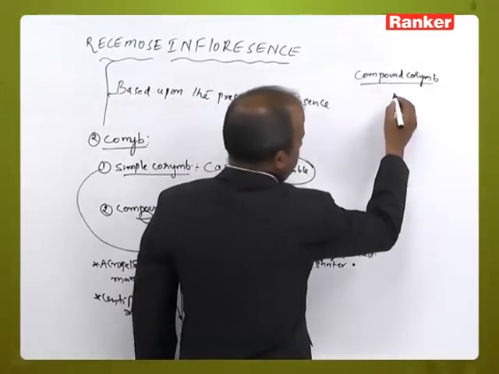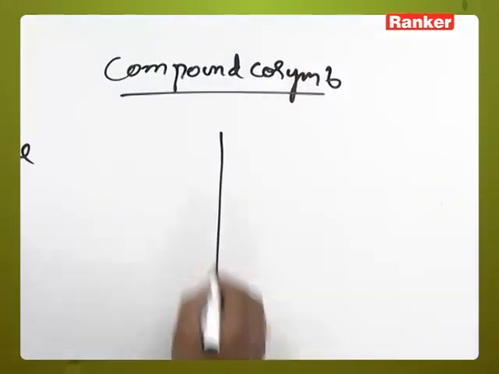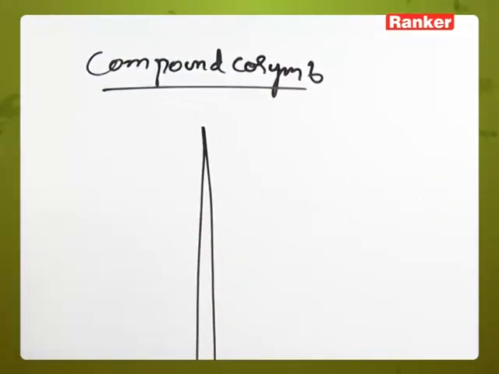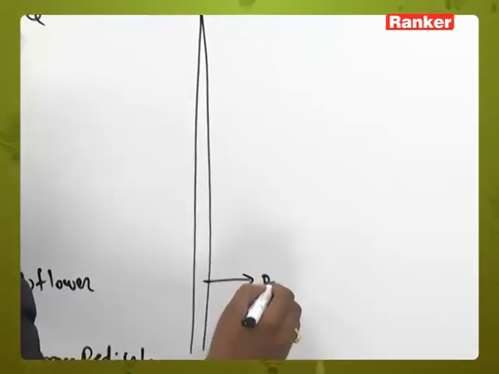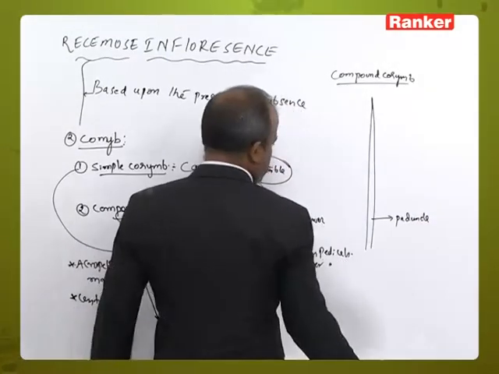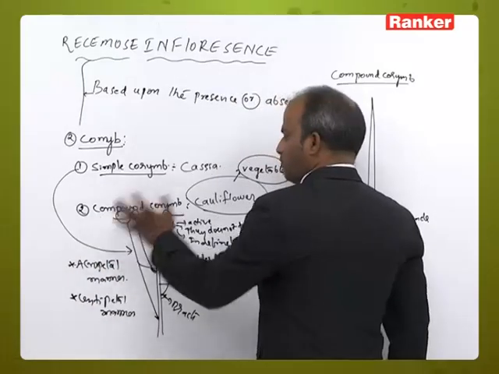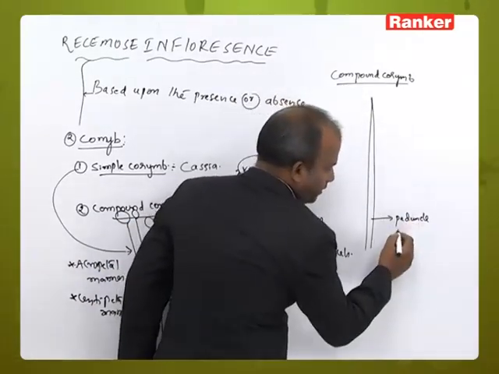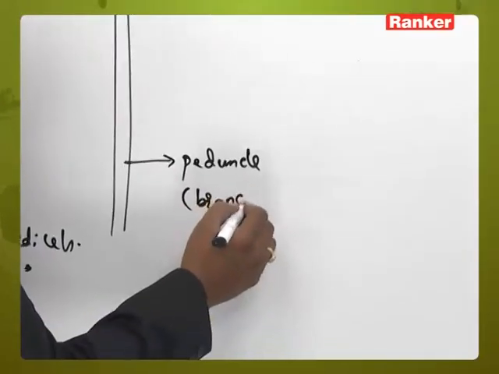In this compound corymb, this is the peduncle. Whether it is branched or unbranched: as it is of the compound type, here the peduncle is branched.